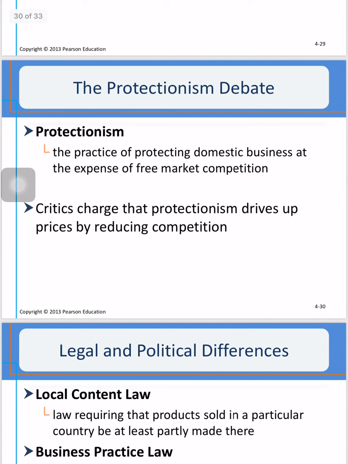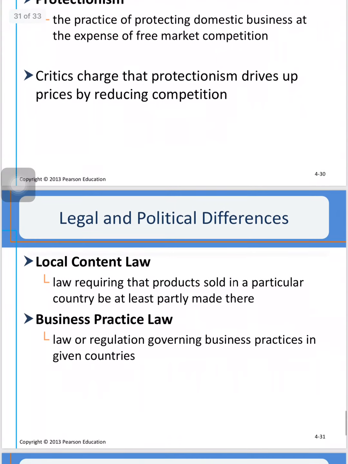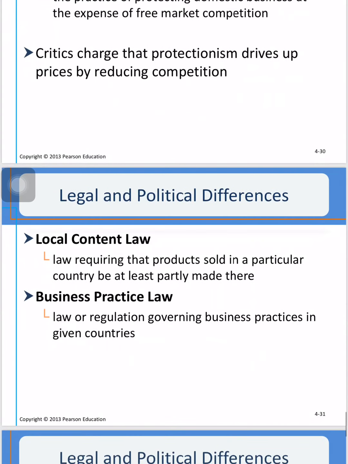Okay, and then local content law. Many countries, including the US, have local content laws, a requirement that products sold in a particular country are partially made there. This guarantees that a percentage of profit remains in the country.